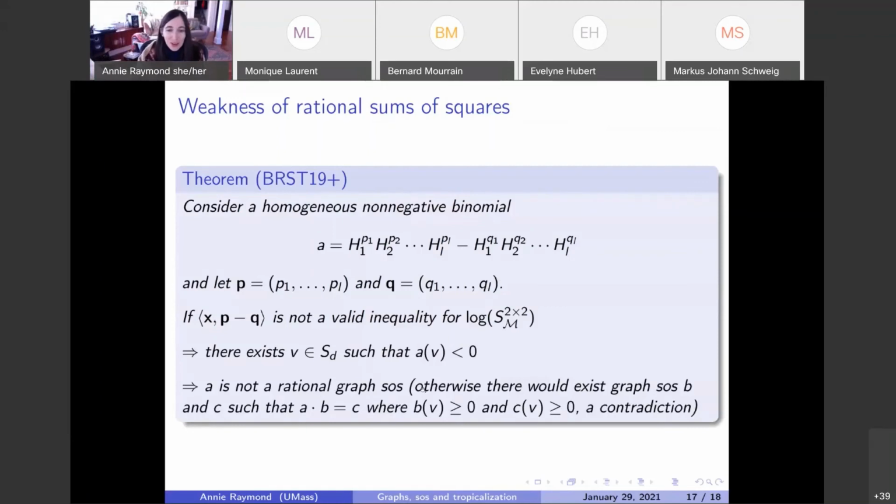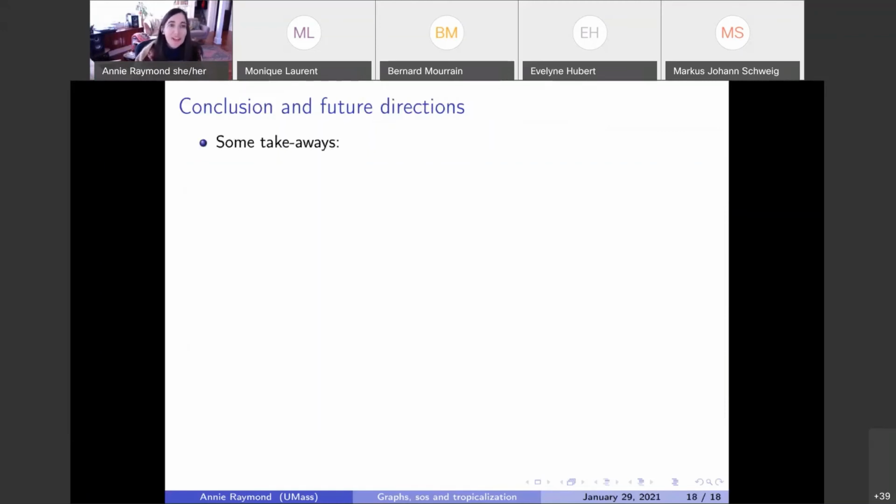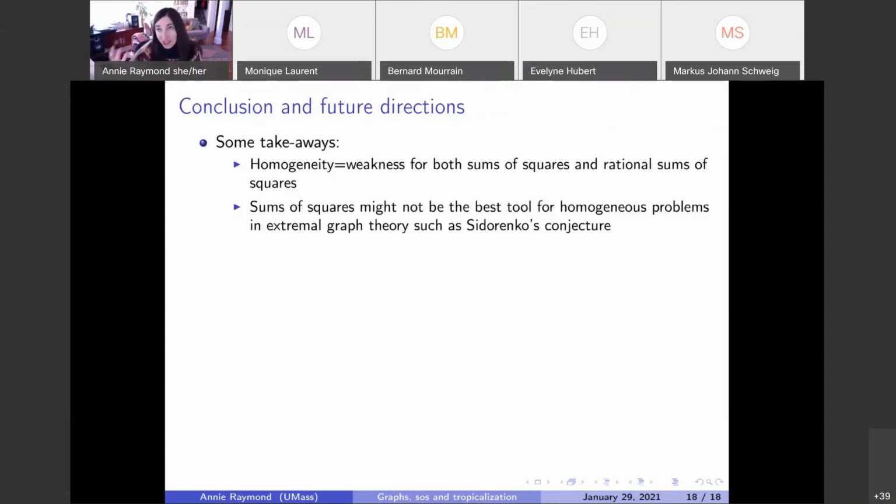So this was very quick, but really the takeaways are homogeneity is a weakness, both for sums of squares and rational sums of squares in the world of graph densities. Because of that, sums of squares might not be the best tool for some homogeneous problems in extremal graph theory, like Sidorenko's conjecture. So it won't be enough to prove them fully, at the very least.